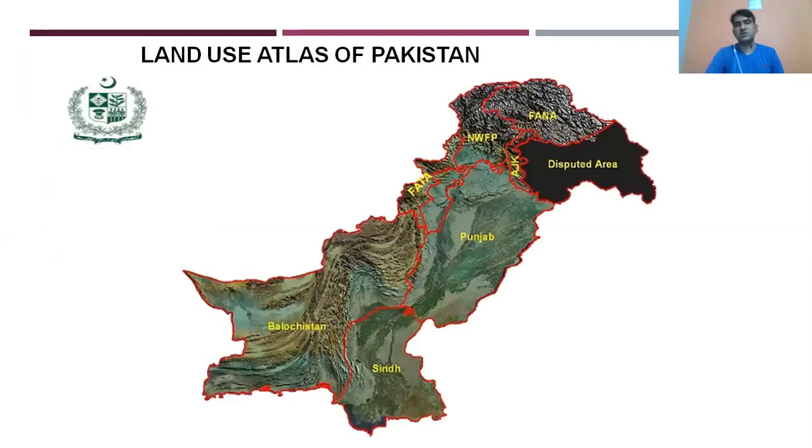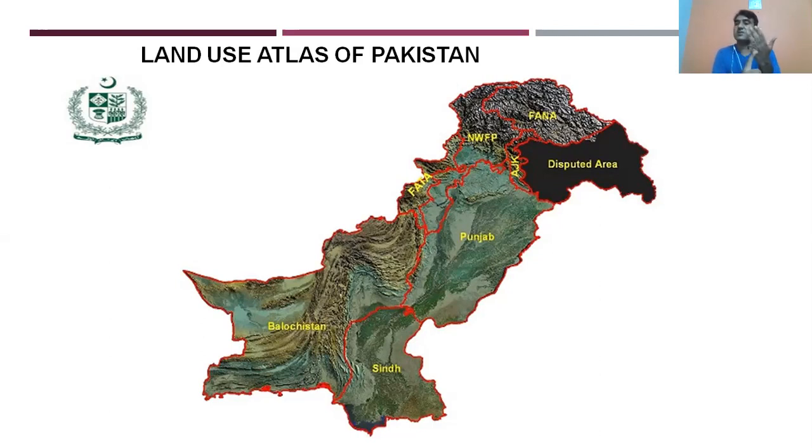But before going to this, I want to give you very precise information about the land use of Pakistan. The whole area of Pakistan is 7 lakh 69,000-something square kilometers. Which physiographic features cover how much?